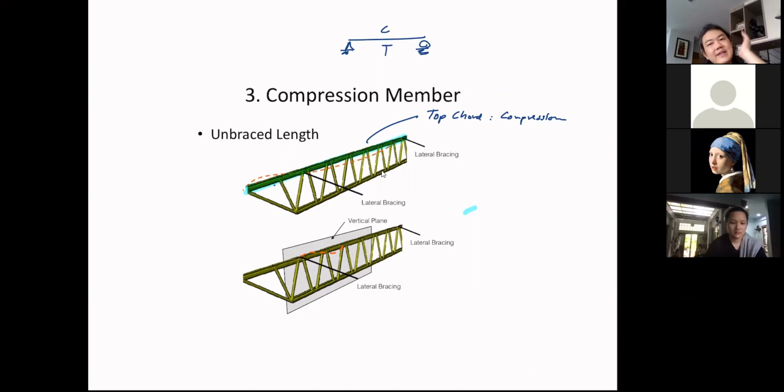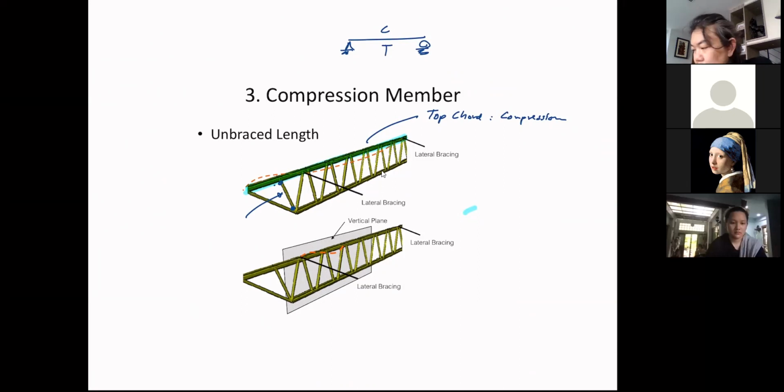So when you design the diagonal or vertical web members for either tension or compression, it's pretty clear that the unbraced length, if it's under compression, will be just the member length itself, right? And you can assume this to be pin. So for the web members, K is always 1, and the unbraced length is always its length.